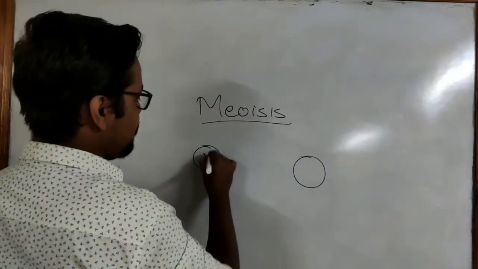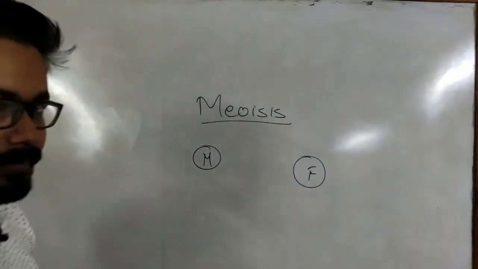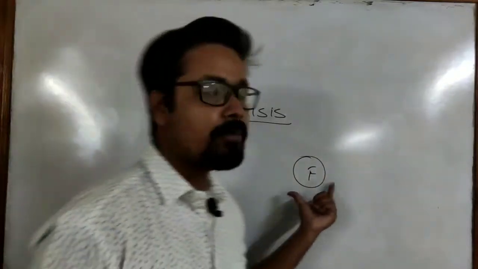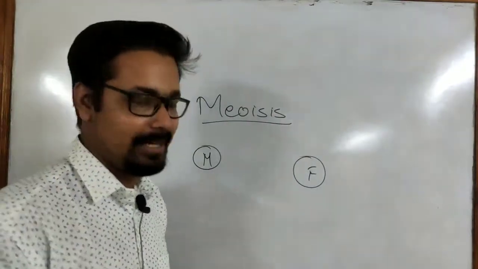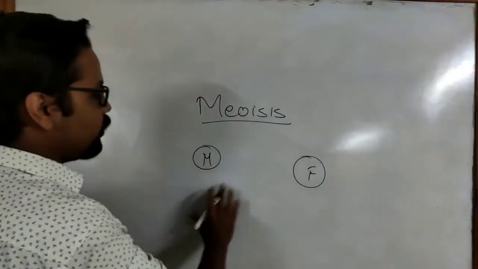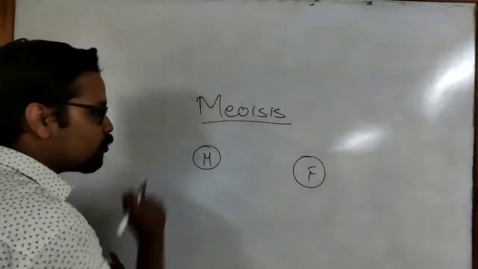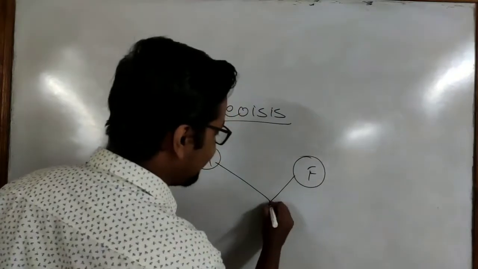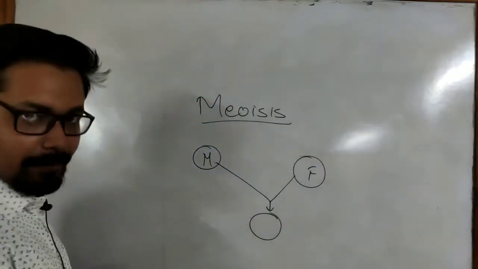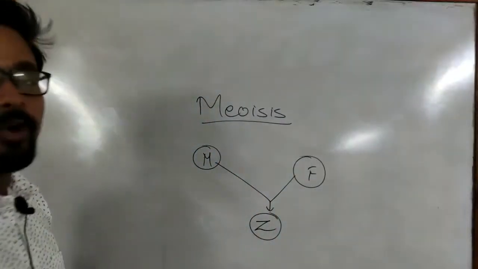These will contain some chromosomes, which you have studied previously. Chromosomes contain DNA. So these germ cells will contain some chromosomes, and this one will also contain some chromosomes. When they combine, they form a complete cell, which is called a zygote.